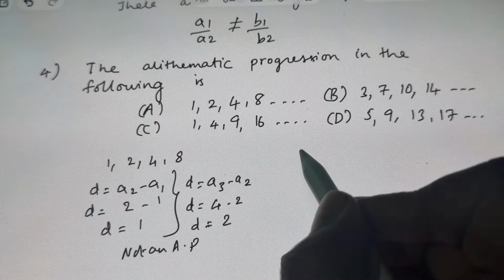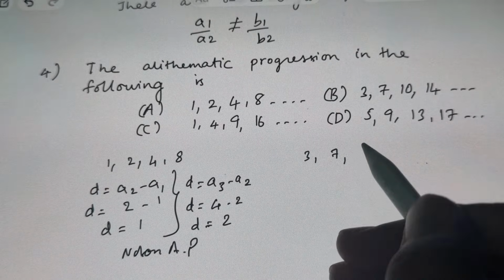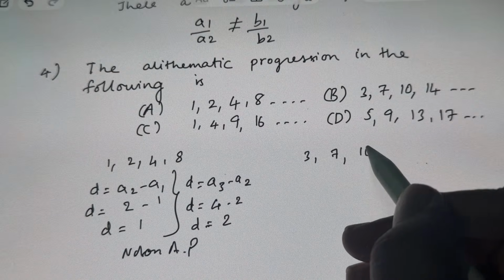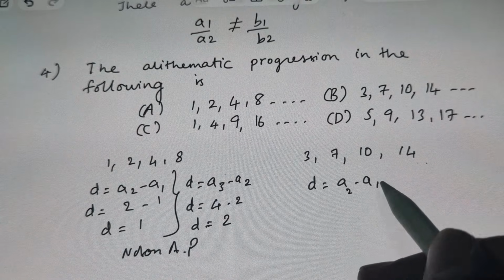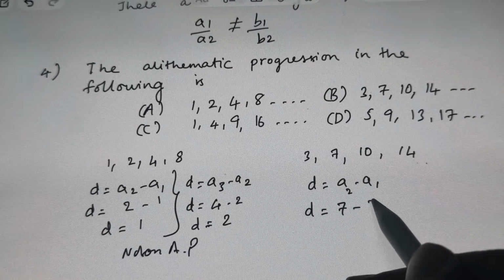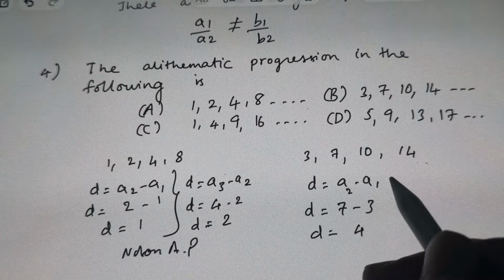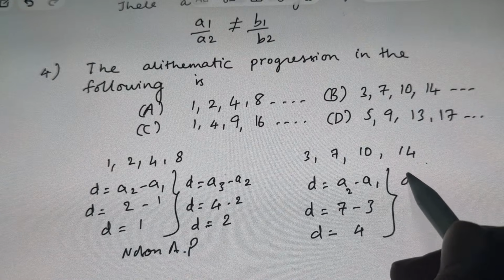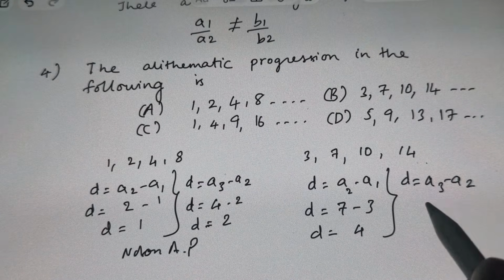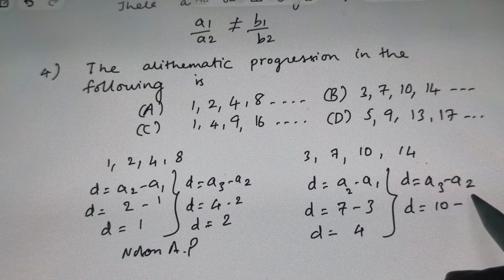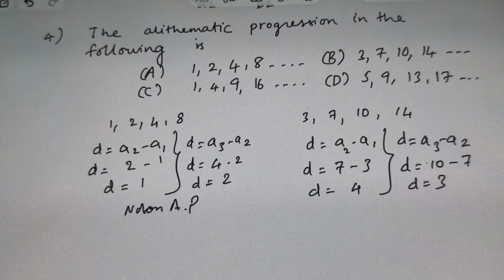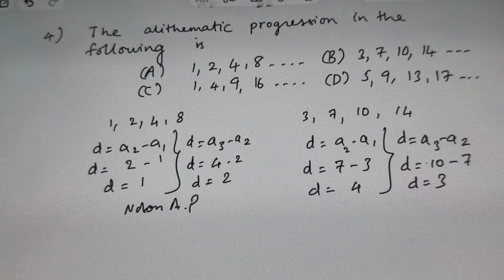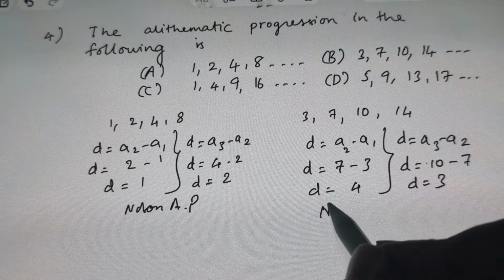Similarly, for the second series, 3, 7, 10, 14, D equals A2 minus A1, 7 minus 3, D equals 4. D equals A3 minus A2, 10 minus 7, D equals 3. Again the common difference is not the same, therefore it is also not an AP.